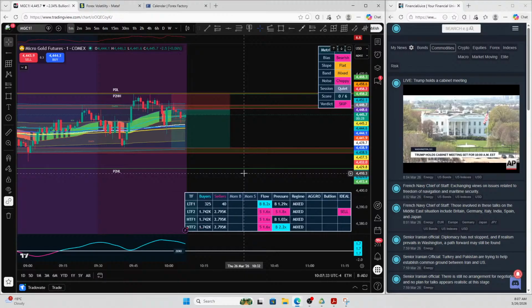Sometimes the market is just slow. In the Asia session, the market was really good. In the London session, there was a good move as well. But right now, we're just going to be waiting for a better, cleaner move, a more predictable price action.